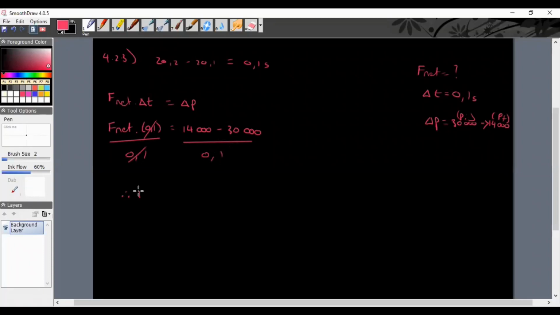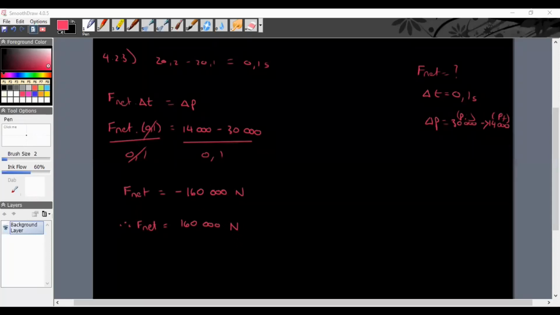If you punch that all into your calculator, F net should be negative 160,000 newtons, which, stated positively, is 160,000 newtons. Let's have a look at the question before we add a direction.